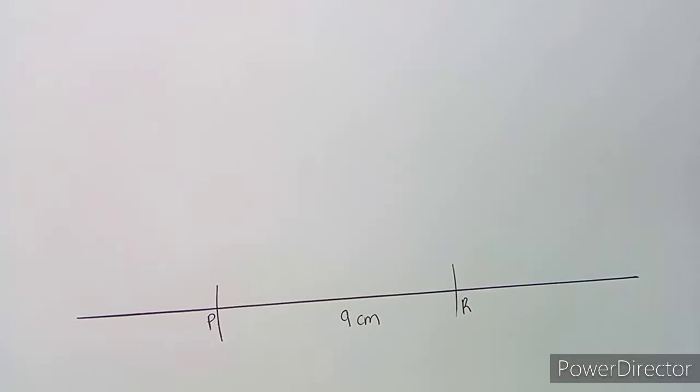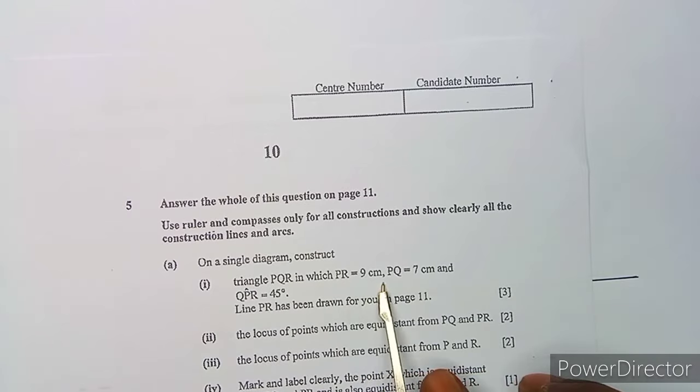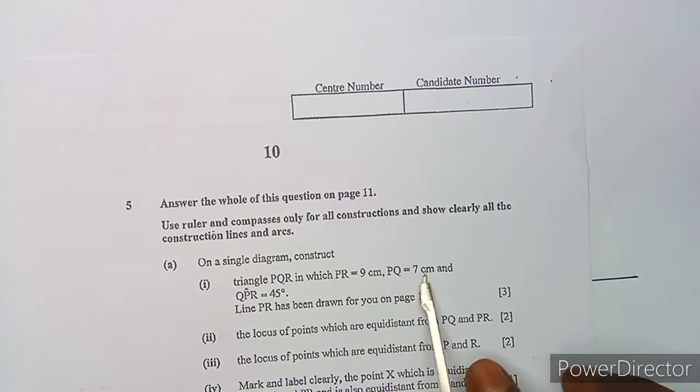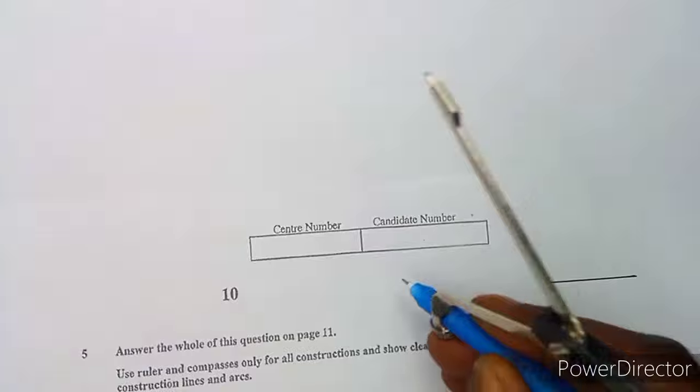So already that's our sketch, and on this sketch we are told to construct on this diagram a triangle referred to as PQR, with line PR which is given, and there's PQ. As you can see from this sketch, if you complete it, it's supposed to be like this, guys.